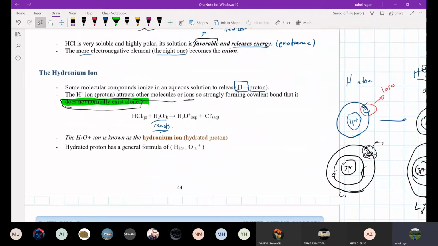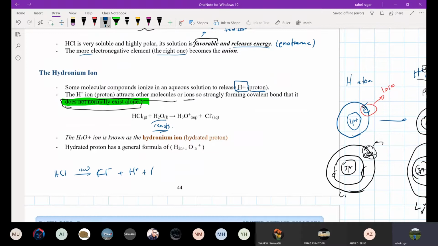This reaction is actually composed of two parts like this. HCl at first is separated in the H2O. It becomes Cl and H. The Cl is also left. That's it. It remained like this. But this H cannot stay alone.